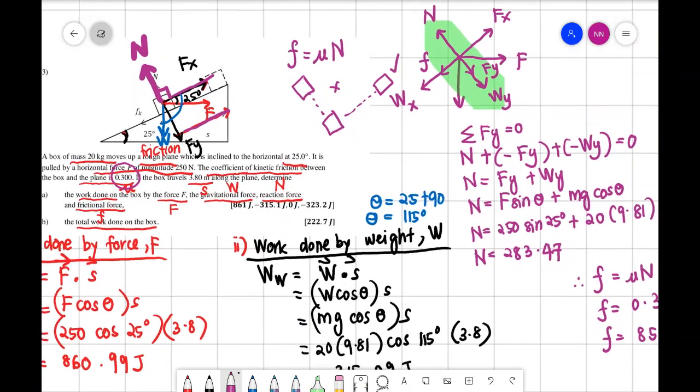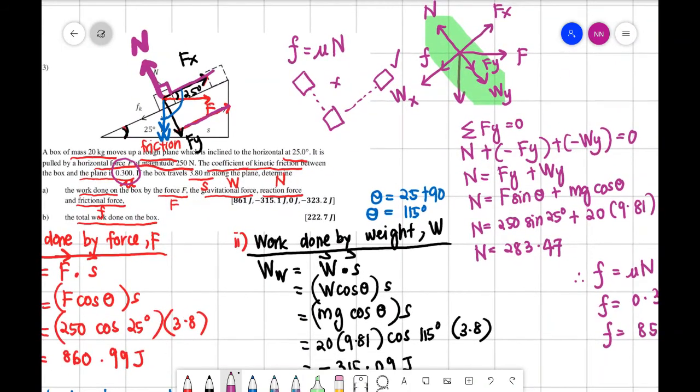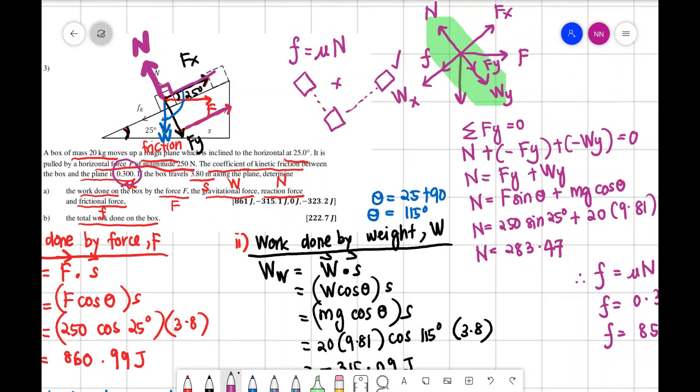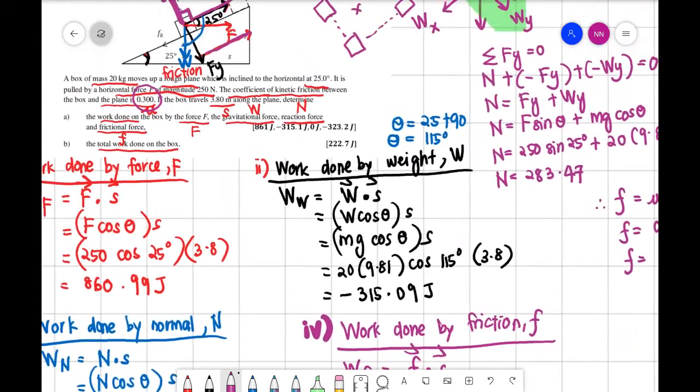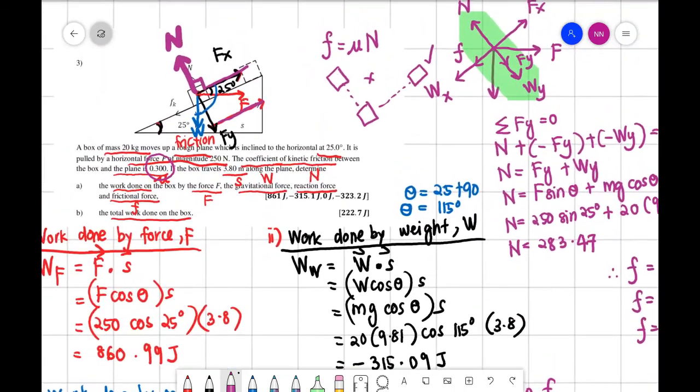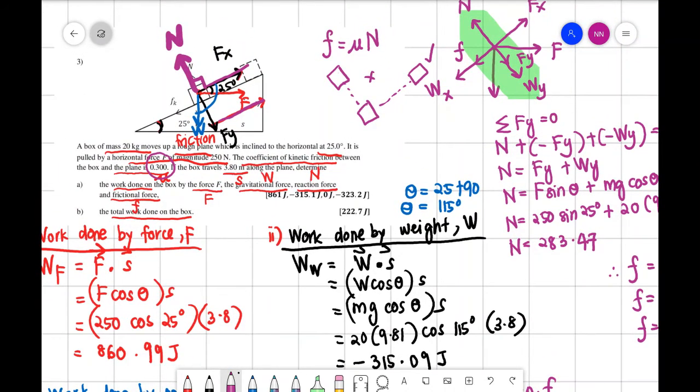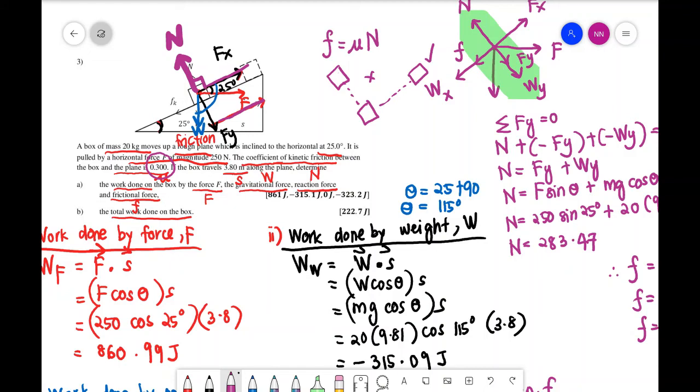When we want to use the work done formula, we have to identify whether the force, here the frictional force, is parallel to the displacement or not. If it is not parallel, you have to find the component of the force which is parallel to the displacement.